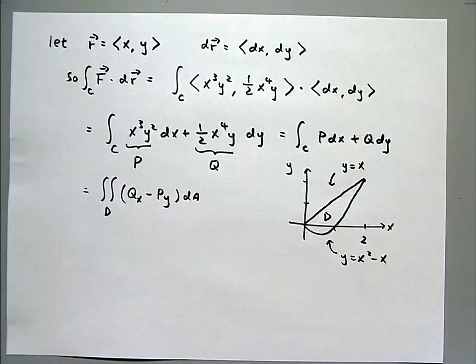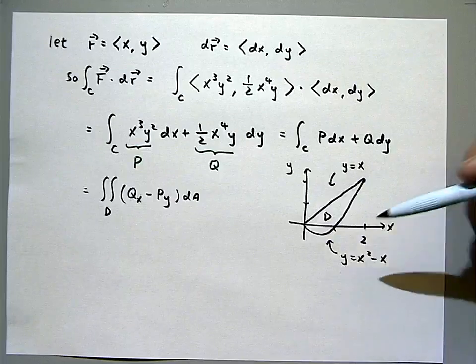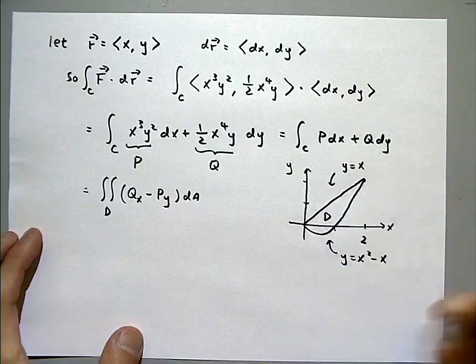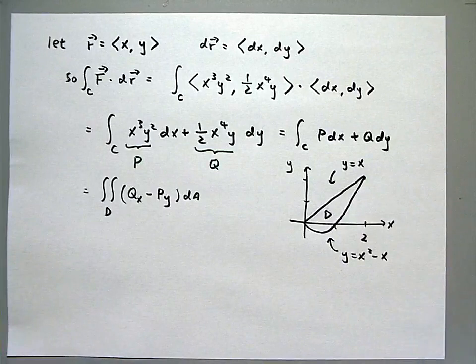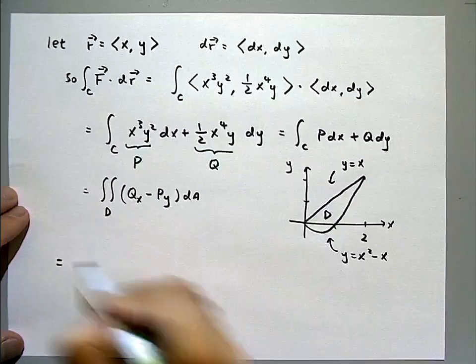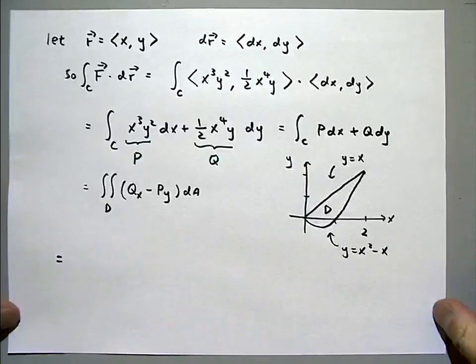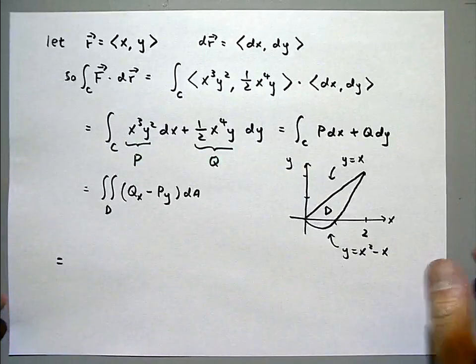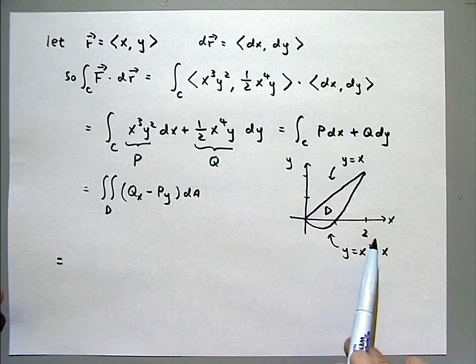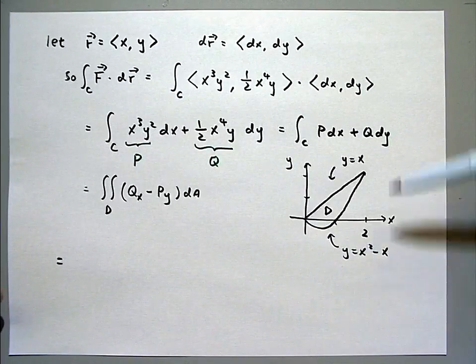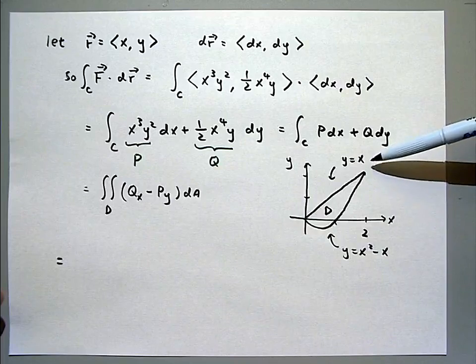So now we just have to describe a double integral over this region D. And that looks like it's best described as a type 1, right? Let x be bounded from 0 to 2, y be bounded from x squared minus x below to x at the top.